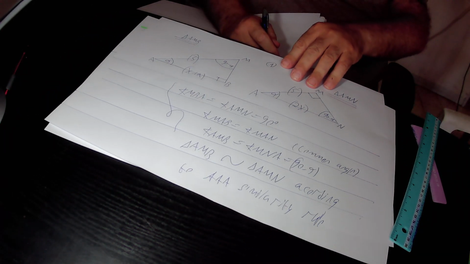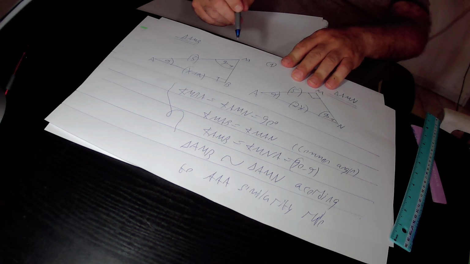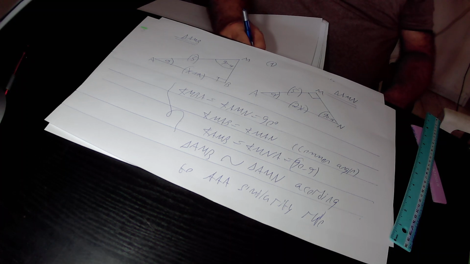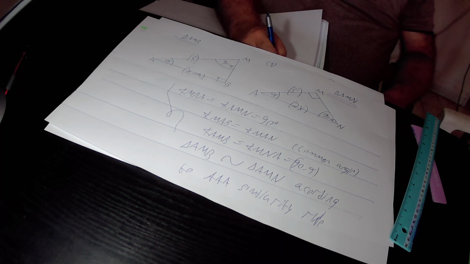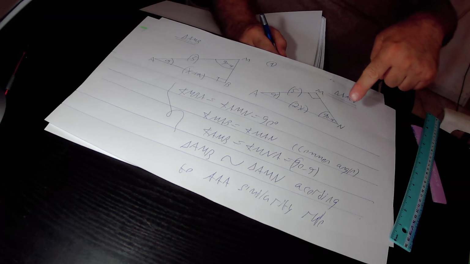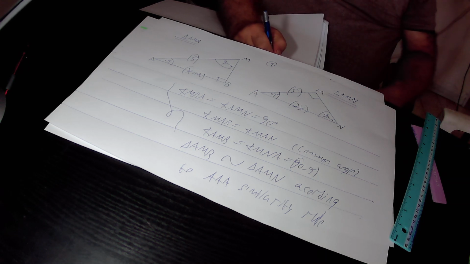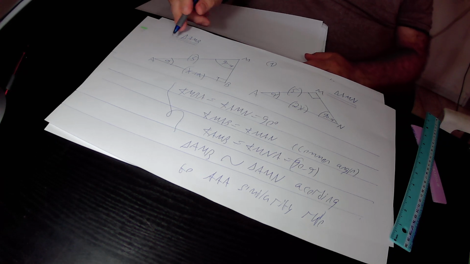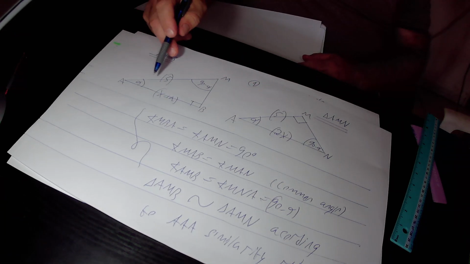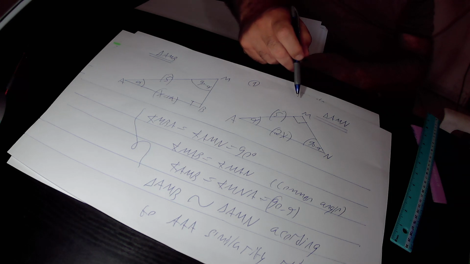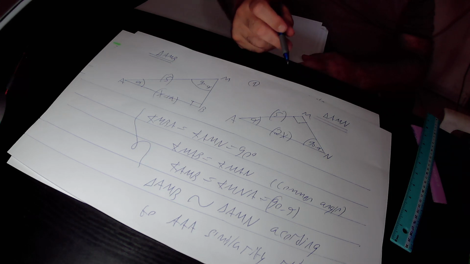We derive that side MA of this right triangle A and B over side AM of this right triangle AMN is equal to side AB of this right triangle AMB over side MA of this right triangle AMN.